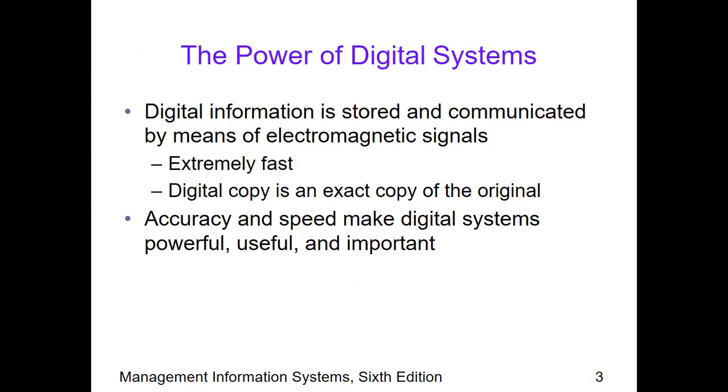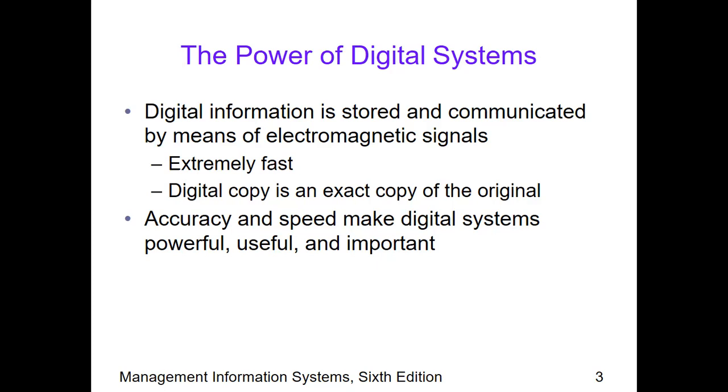These signals are transmitted using computers and are intangible, which creates extremely fast transfer of information, and the digital copy is an exact copy of the original. That's the good thing about creating multiple copies. Accuracy and speed make digital systems powerful, useful, and important.